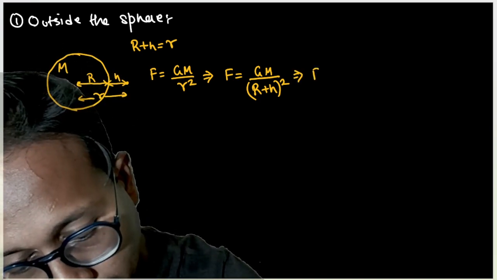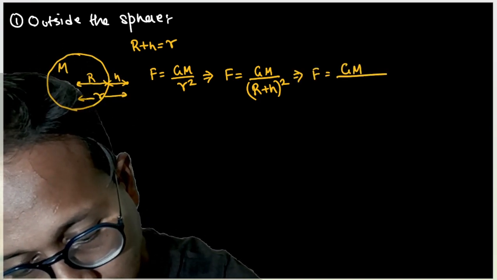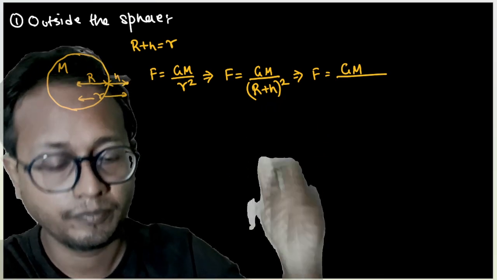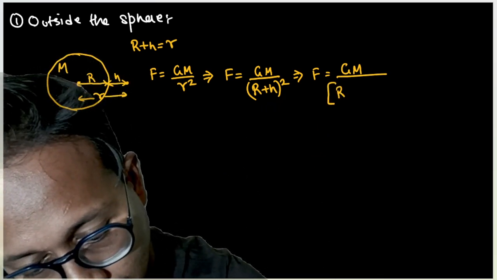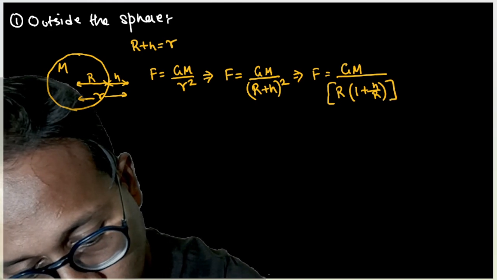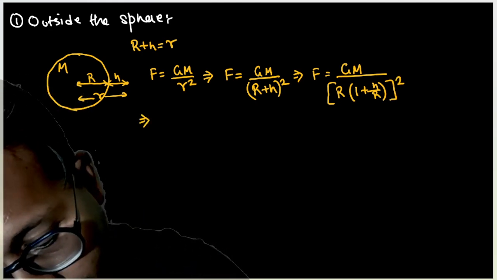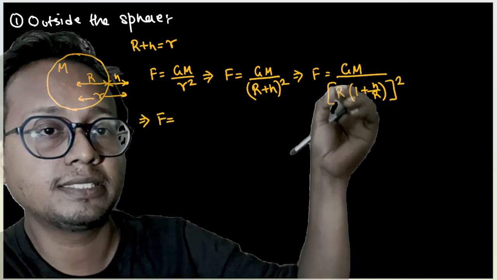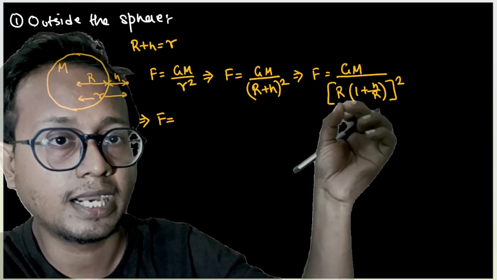Now if I take R common from this denominator, R into (1 plus h by R) whole square, I'm bringing this R outside the bracket.